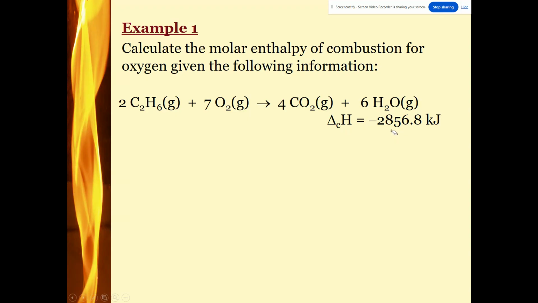So we are given the delta H here, and it is asking us to calculate the molar enthalpy of combustion, again, because this is a combustion reaction, for oxygen. That's the key here. You could find the molar enthalpy of any of these substances, okay? For the ethane, the carbon dioxide, the water, and the oxygen.